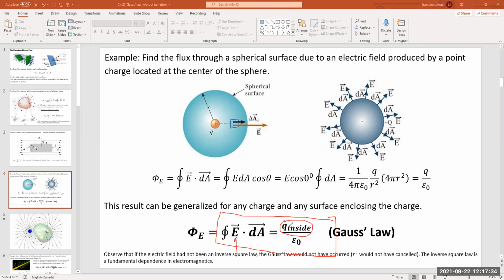And that's equal to the flux. Gauss law tells you that no matter what the shape of that surface is, no matter how complicated, the total flux of electric field through that surface must be equal to the net charge inside of the surface, divided by epsilon zero. That's what Gauss law tells you.